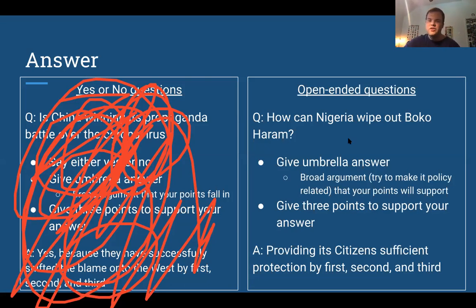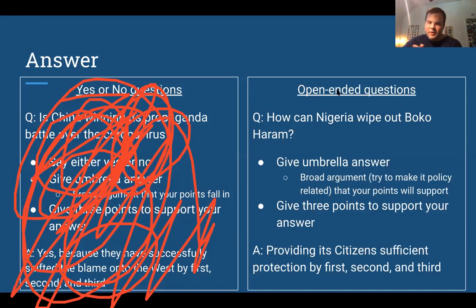Open-ended questions usually start with how can, or how should, or anything that's not answered with a yes or no. How you want to answer that is, again, give an umbrella answer, and then give 3 points. So basically the same as yes or no, just without the yes or no. It seems rather simple, but I don't know why that seems so confusing for me, but hopefully it's not for you.